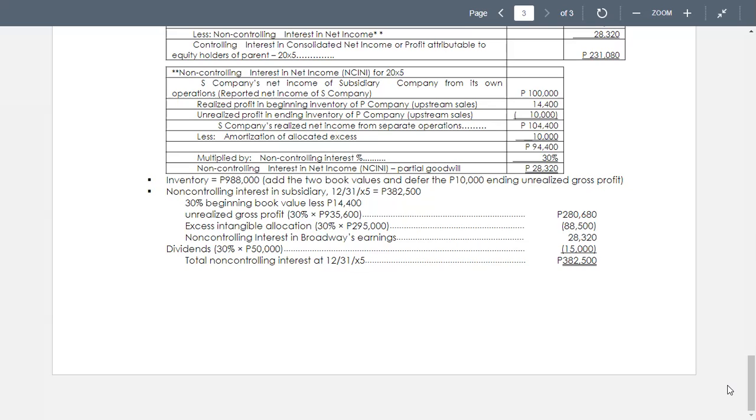Separate incomes, investment income not recorded, of DAC and Weasel are as follows: sales, cost of goods sold, operating expenses.